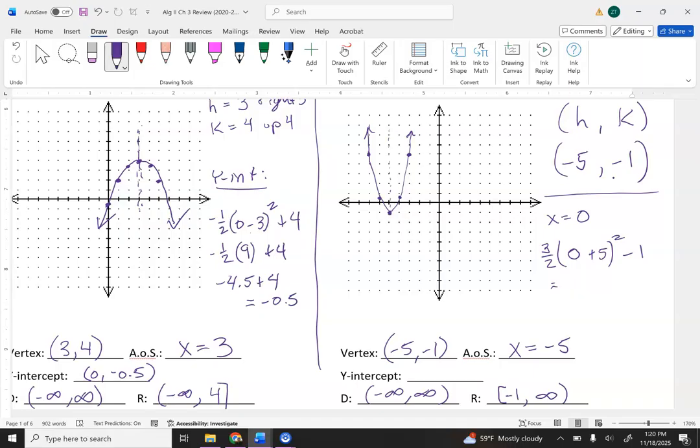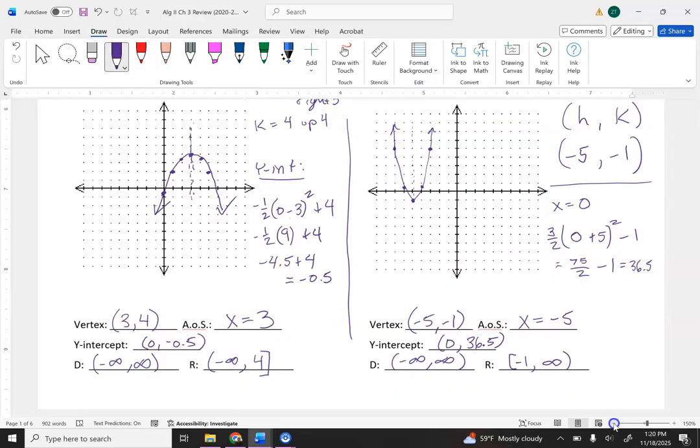And then 25 times 3/2, you can do that in your calculator, that would be 75 divided by 2. And then we'll subtract 1 from that. Well, 75 divided by 2 is 37.5. So minus that 1 would give you 36.5. So when x is 0, the y-intercept is 36.5.